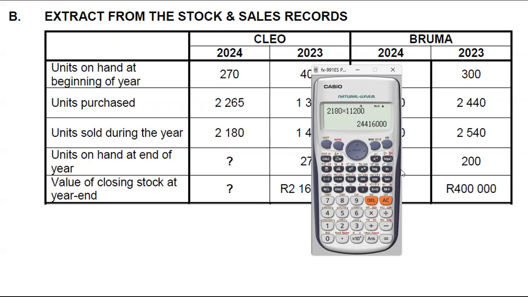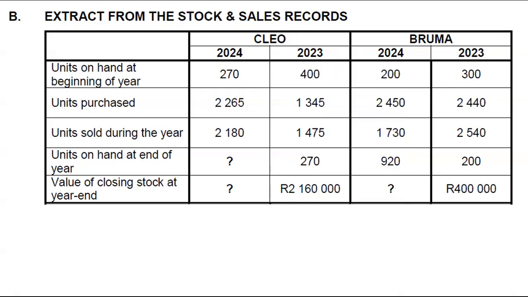But if you want the cost price, what will be the cost price? You will basically multiply it by 8,000, right? Which will give us how much? 17,440,000. That will be the cost price of all the Clio phones that were sold.